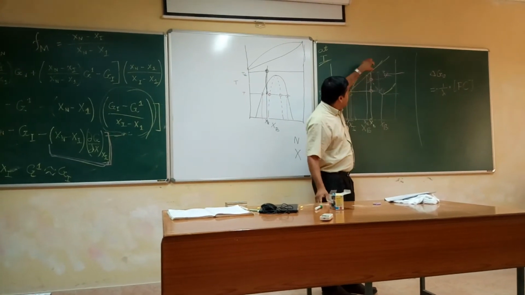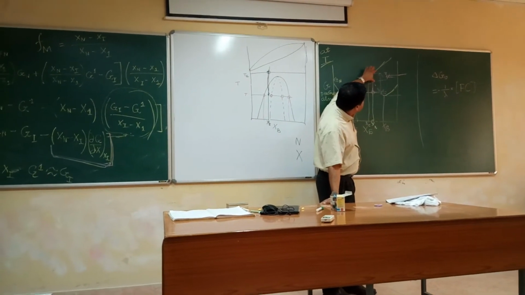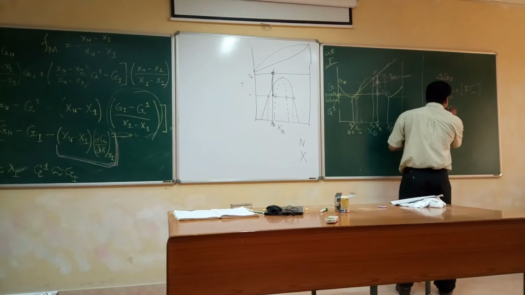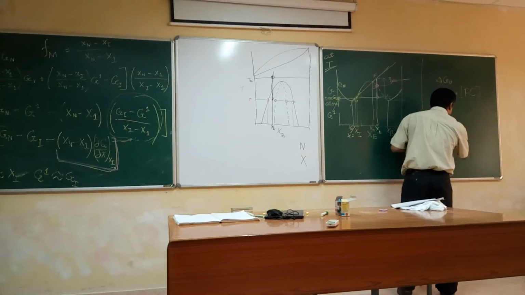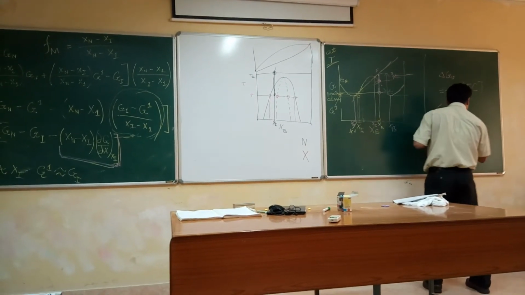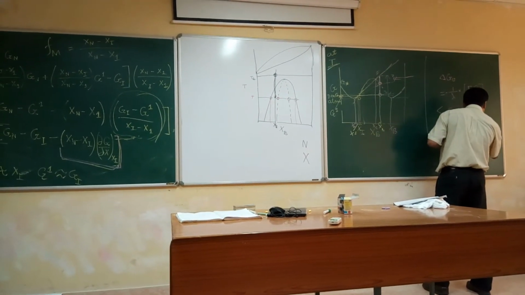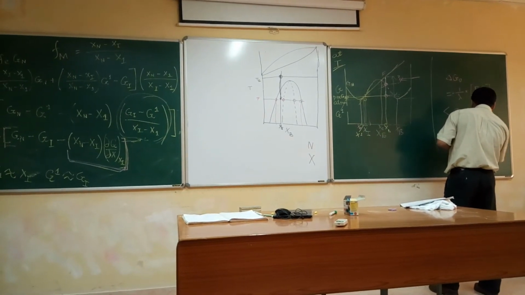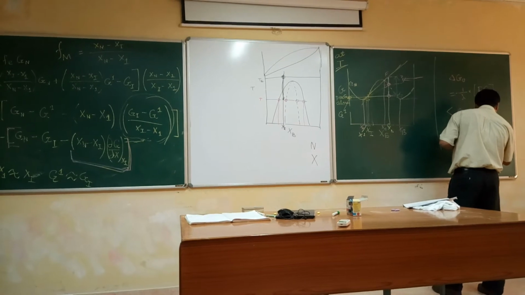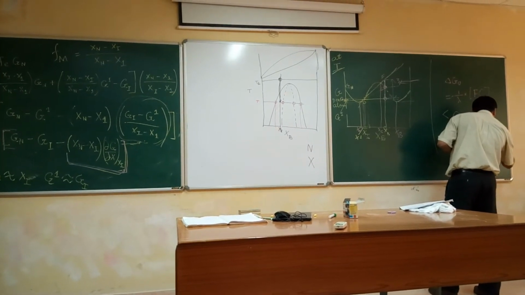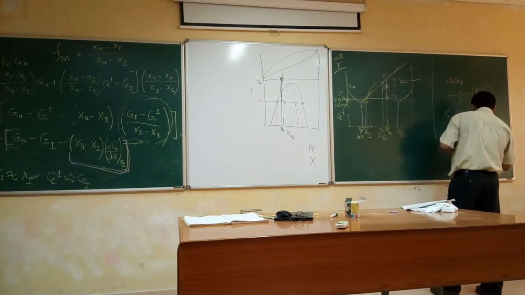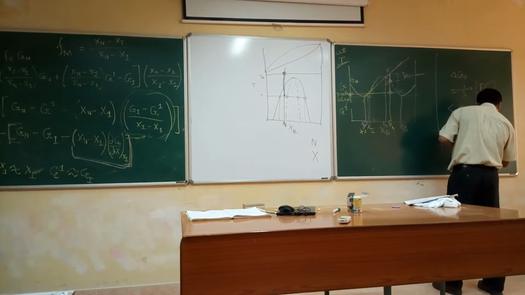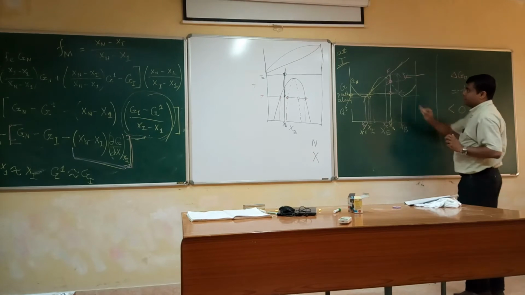What I want to say is this distance, or delta GV, is negative for the composition of the embryo if it is greater than XC, isn't it?